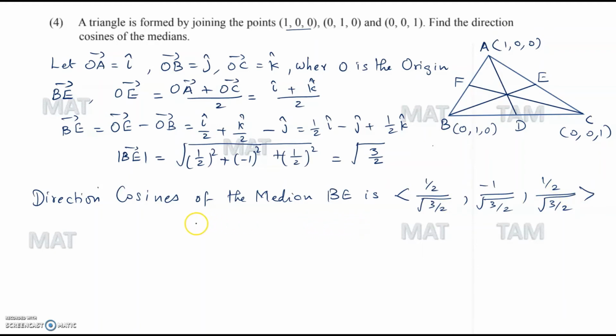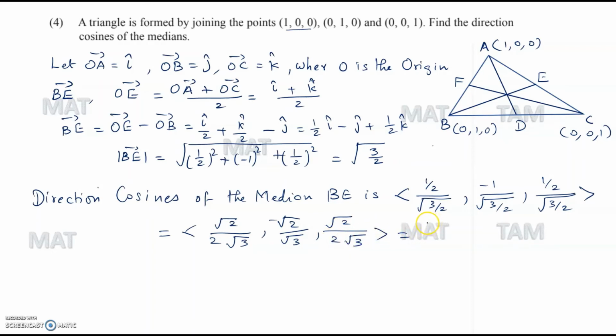Applying the same principle as the previous case, we can say this is equal to, taking the root 2 to the numerator and 2 to the denominator, you get root 2 by 2 times root 3, minus root 2 by root 3, and this is again root 2 by 2 times root 3.